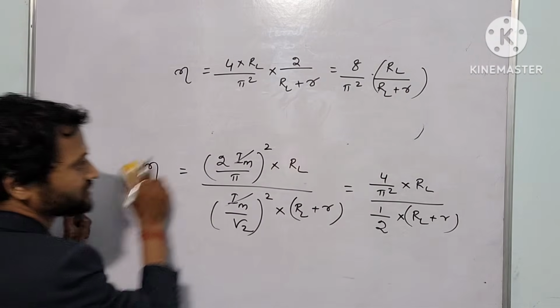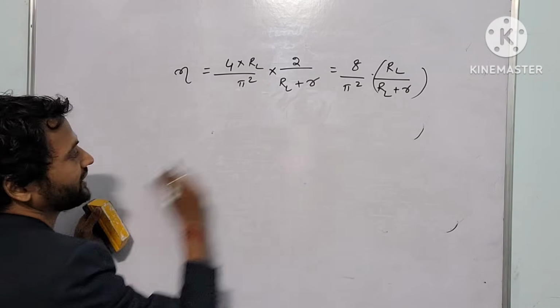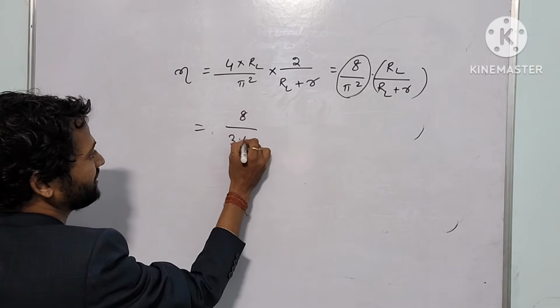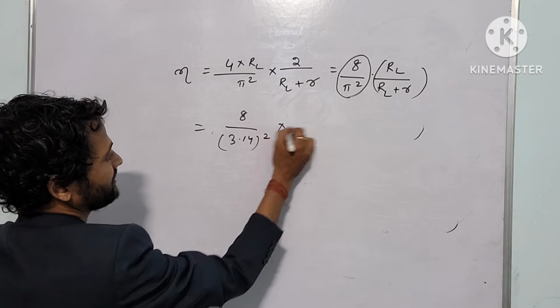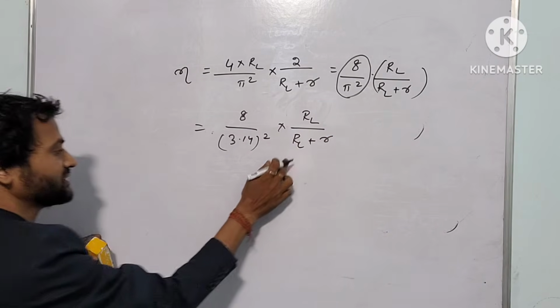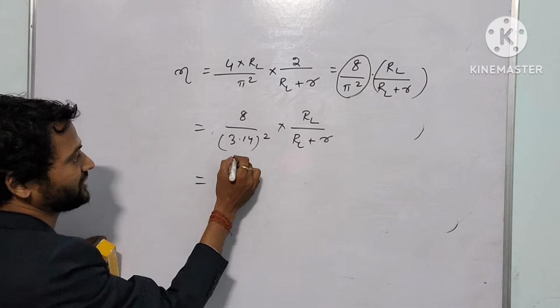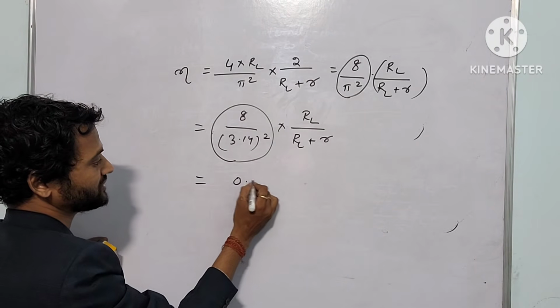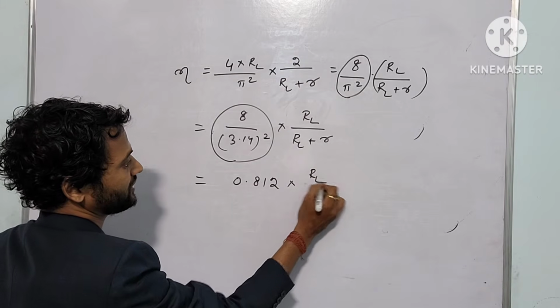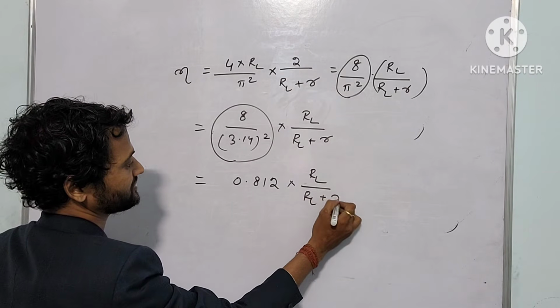Okay, so here 8 by pi square means 8 by 3.14 square into RL by RL plus small r. RL is the load resistance, always remember. This total part is coming 0.812 into RL by RL plus small r.